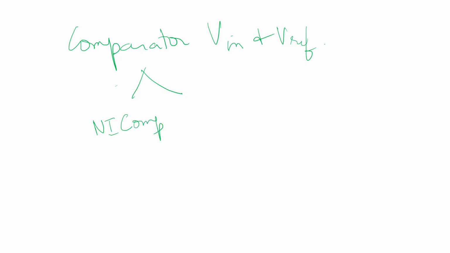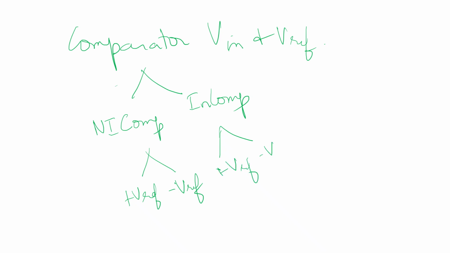If the input signal is fed to the inverting terminal, then the comparator is called an inverting comparator. So we discussed the reference voltage plus V reference. We have to get the output with plus V reference and minus V reference, both with the non-inverting and the inverting comparator.